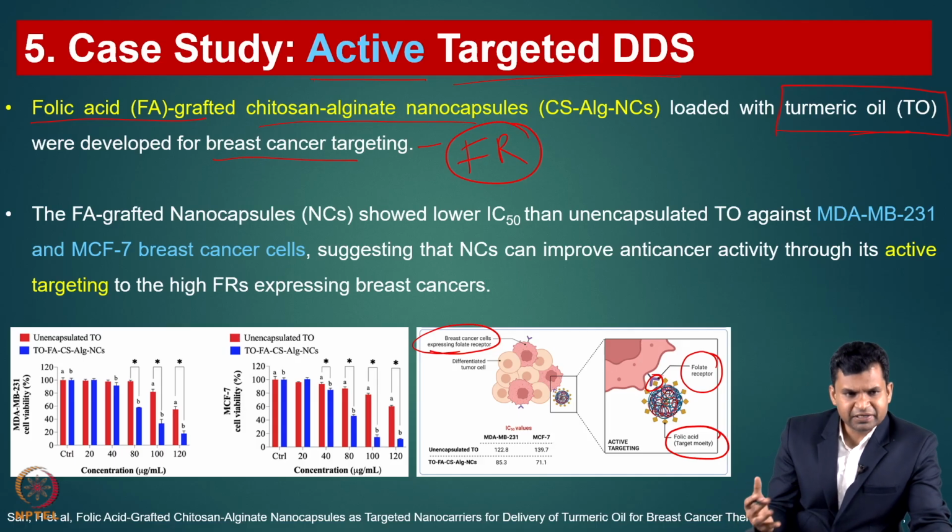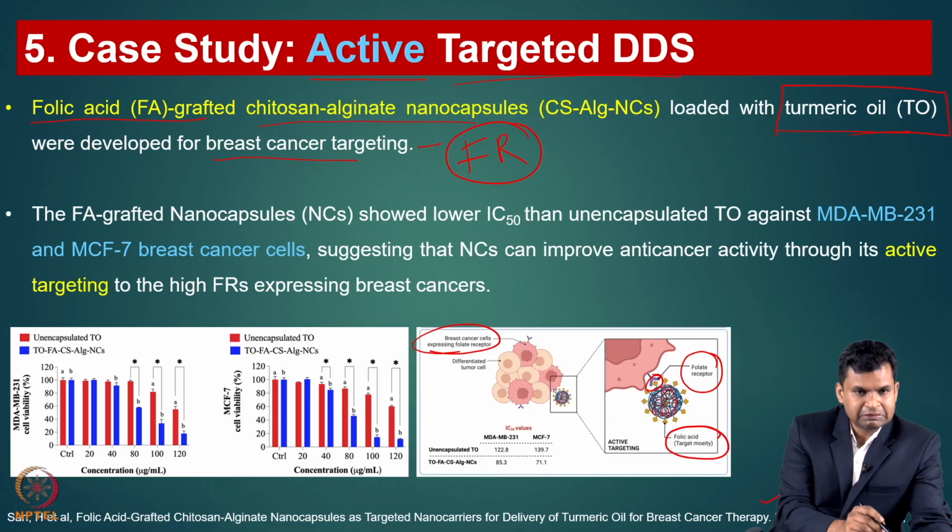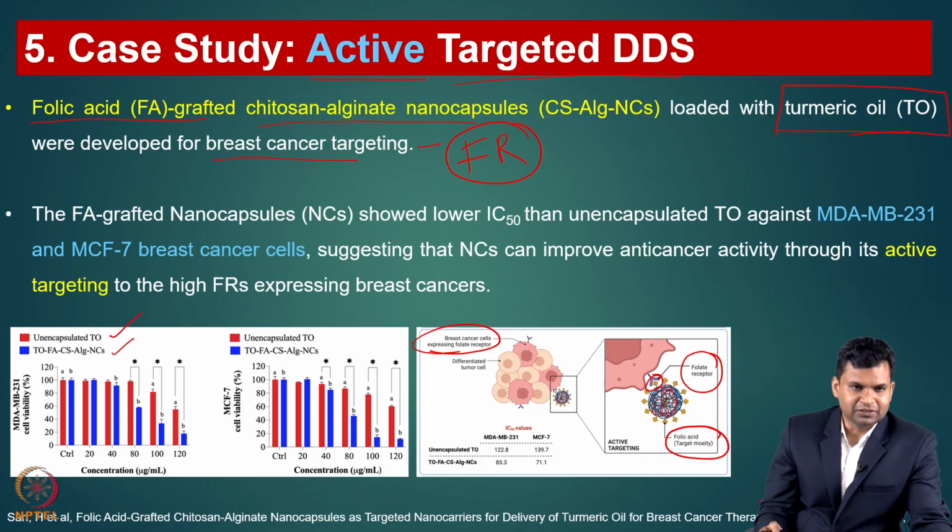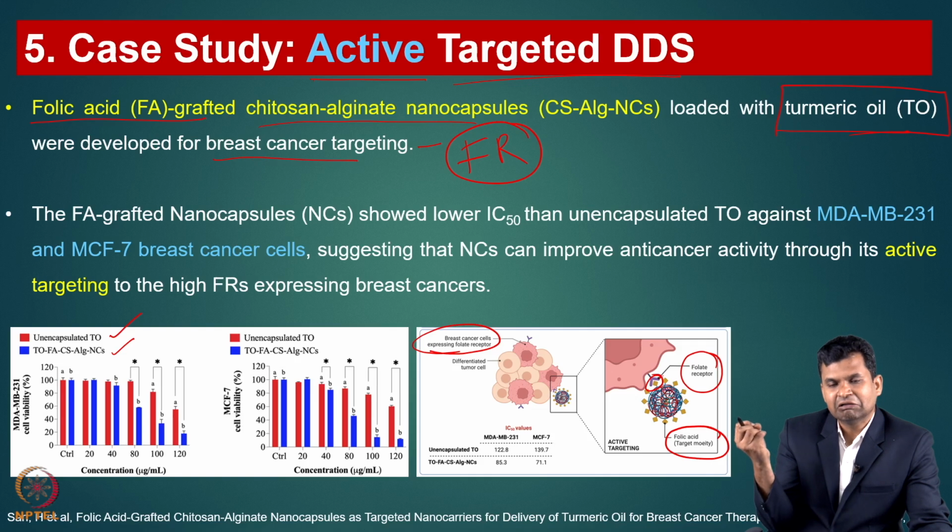Now, they compared two types of systems: one is unencapsulated turmeric oil and the second is the targeted turmeric oil. So, they developed two different systems, one with the targeted approach and another the only conventional system, that is, unencapsulated turmeric oil.